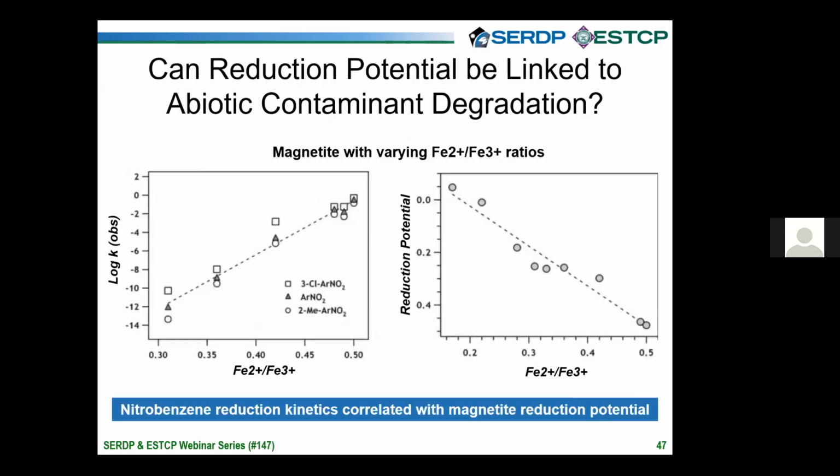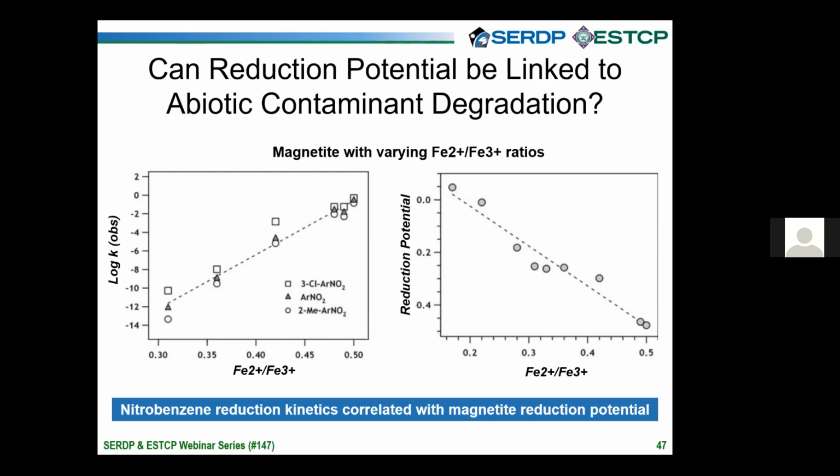So now the question becomes, can we find a universal descriptor that can quantify the reactivity of that solid phase and further correlate that descriptor with abiotic contaminant degradation rates? We found some good examples in the literature. These two figures are from Chris Gorski and Michelle Scherer's early work on magnetite. In this study, they synthesized magnetite with different iron 2 to iron 3 ratios and reacted it with nitrobenzene.